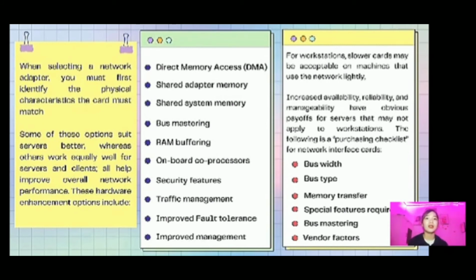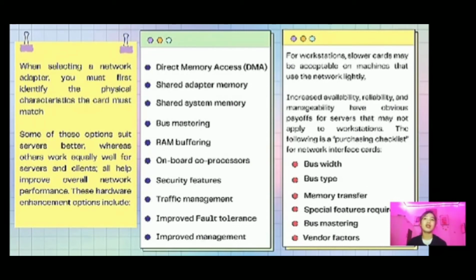The next ones are traffic management, improved fault tolerance, and lastly, improved management. When we say direct memory access, or DMA, it allows an adapter to transfer data directly from its own board buffers into the computer's memory, without requiring the CPU to coordinate the memory access.